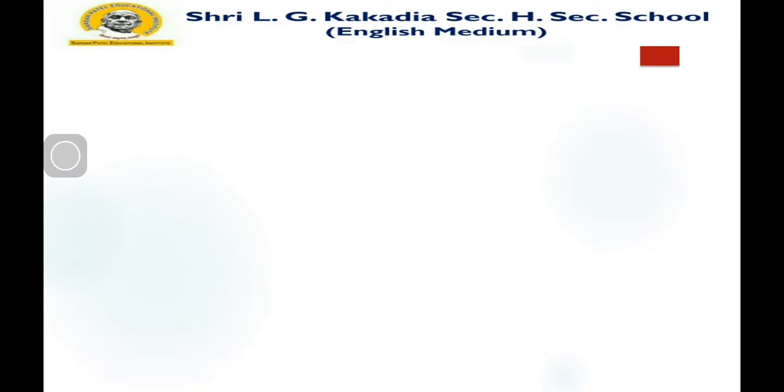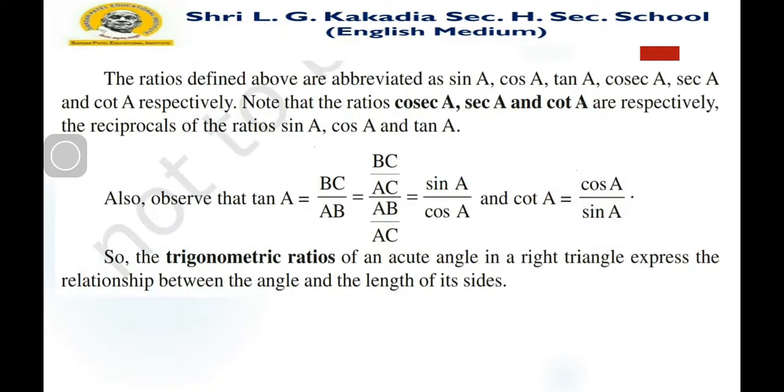So let the ratios defined above be abbreviated as follows: sine of angle A as sin A, cosine of A as cos A, tangent of A as tan A, cosecant of A as cosec A, secant of A as sec A, and cotangent of A as cot A, respectively.